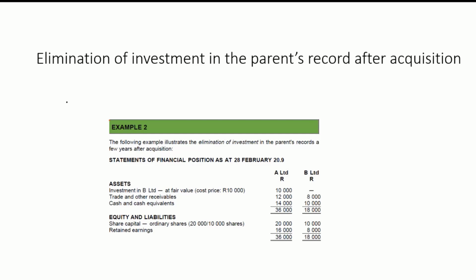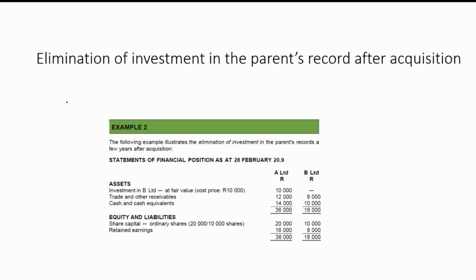Good. Let us continue. The following example illustrates the elimination of investment in the parent record a few years after acquisition. The difference between the exercise we did and this one is that in the first one, we acquired it as soon as the business of B started. But in this one, B was actually in operation, then later on, A came to acquire it.